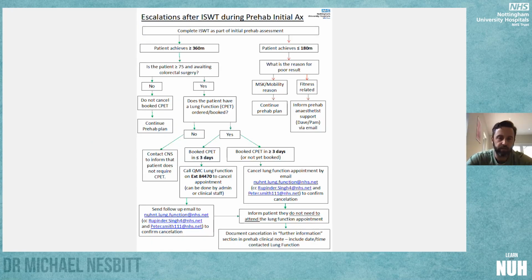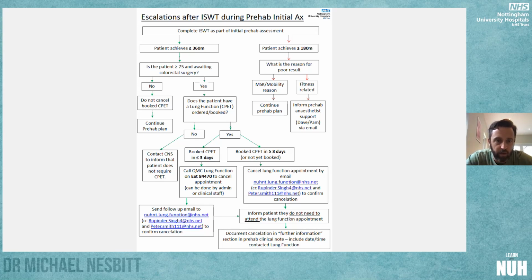As a result of that, there's been a change to our prehab pathway, or our pre-op pathway. So this is the new flow chart that they follow in prehab now, which should say age more than 70. So if the patient's over 70 and awaiting colorectal surgery, they go to prehab. They achieve more than 360 meters on their shuttle walk test.